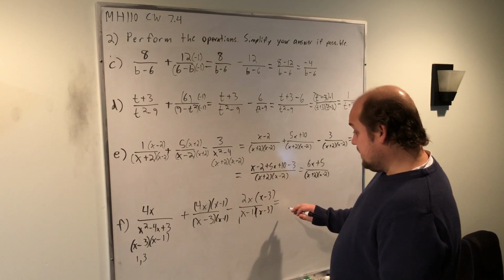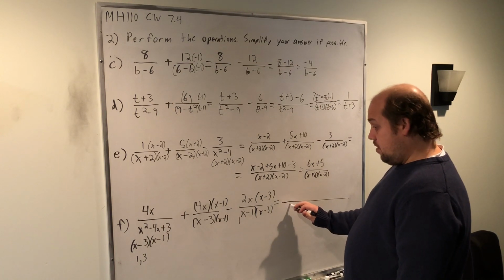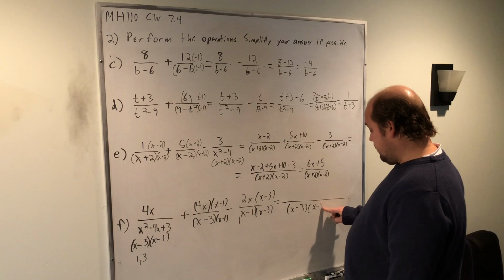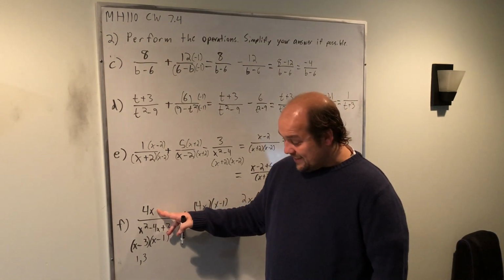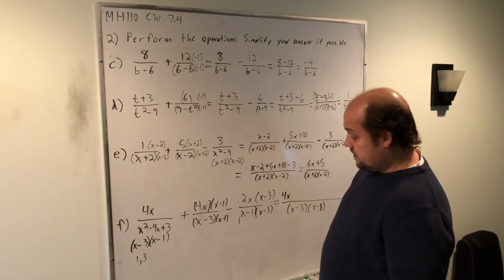So what that means is these are all going to be over that same common denominator of x minus 3, x minus 1. When I deal with the top of this fraction, nothing is being multiplied, so it can just stay as 4x.